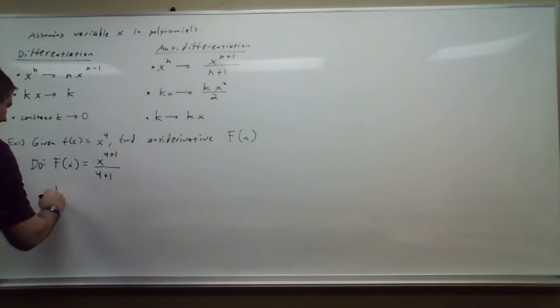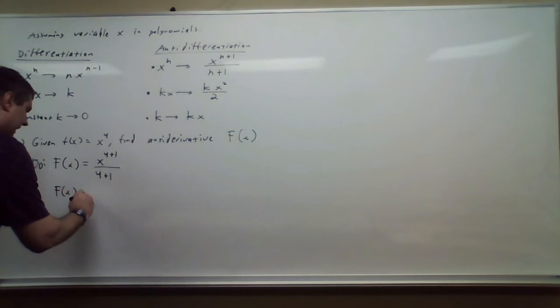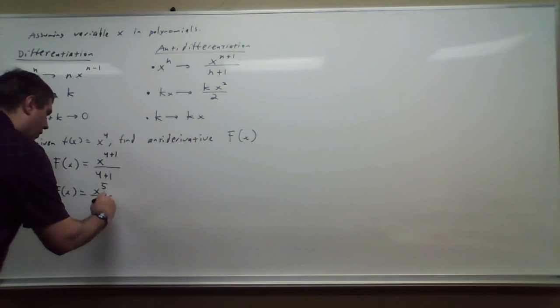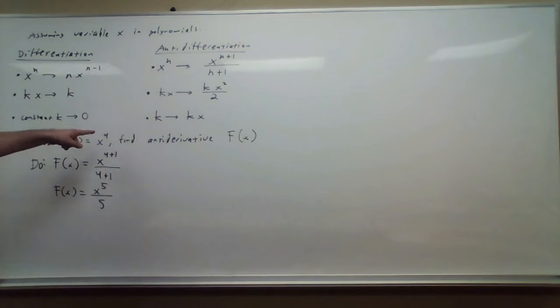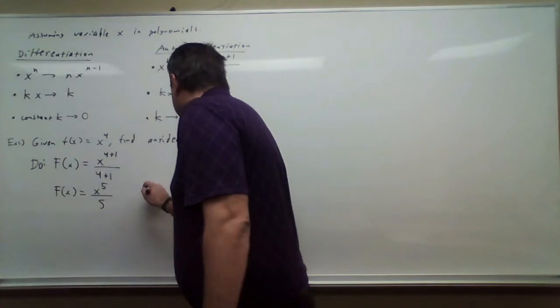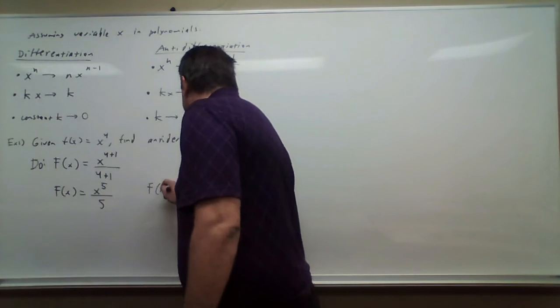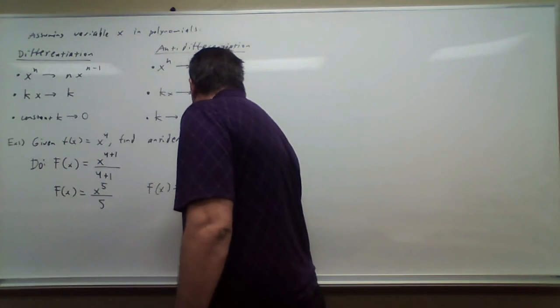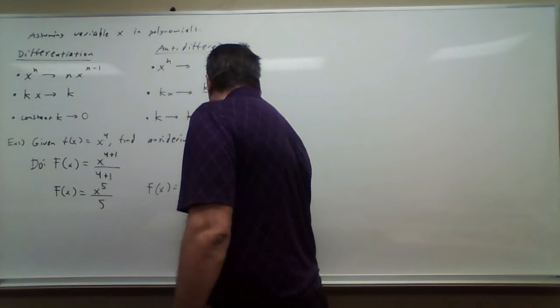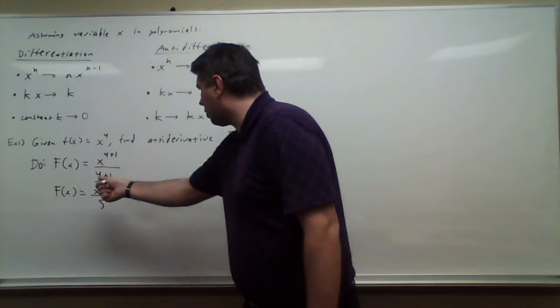Okay? So capital F of x is x to the 5th over 5. Up a power, and the new power is also the denominator. Or, put another way, capital F of x is sometimes written as 1 over 5 times x to the 5th. Both of these are equivalent.